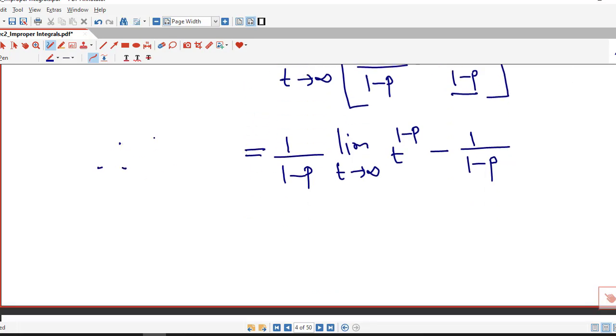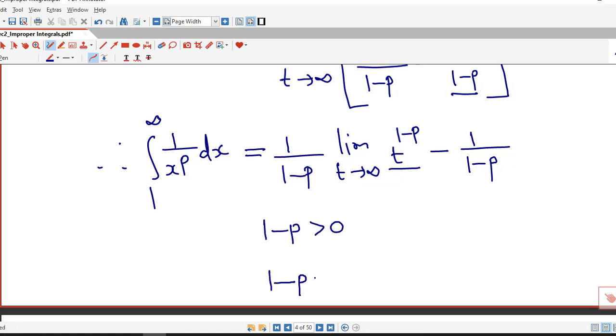So we obtain the integral from 1 to infinity of 1 over x raised to p dx equal to this. Now there are two possibilities for this power of t. It may be positive or it may be negative.